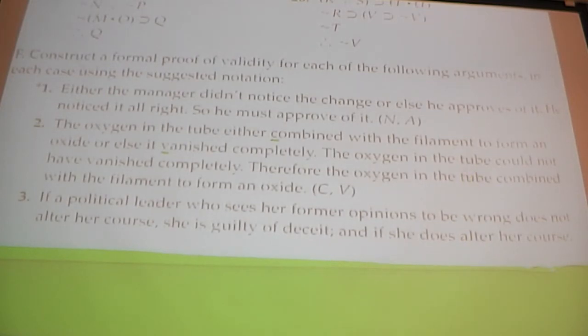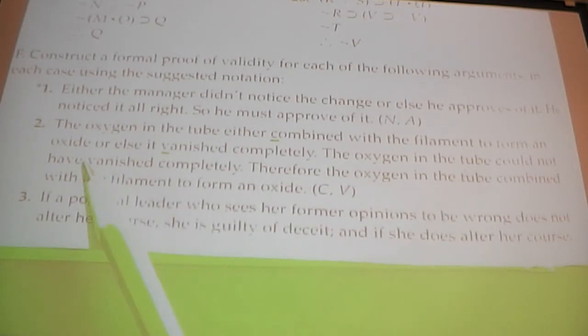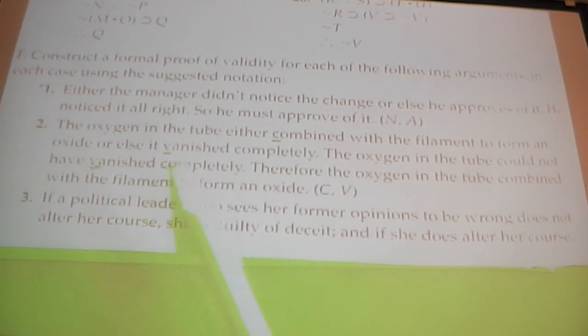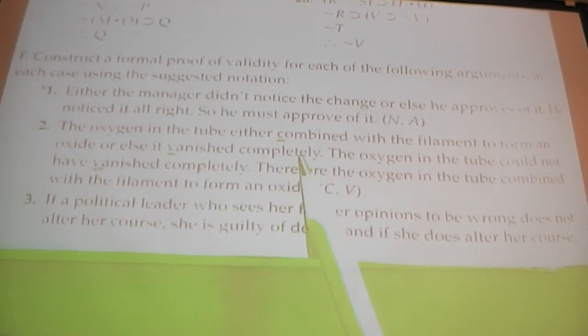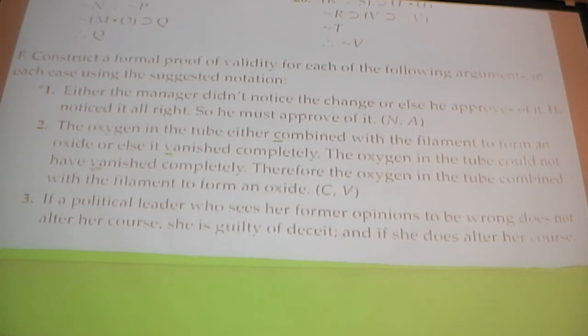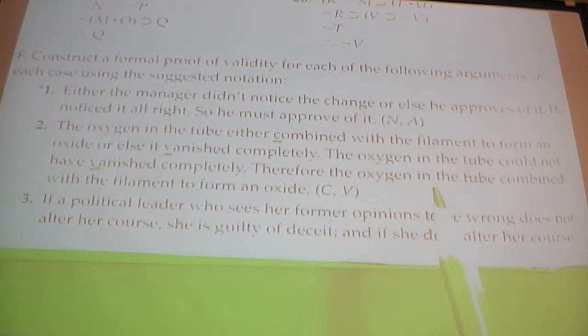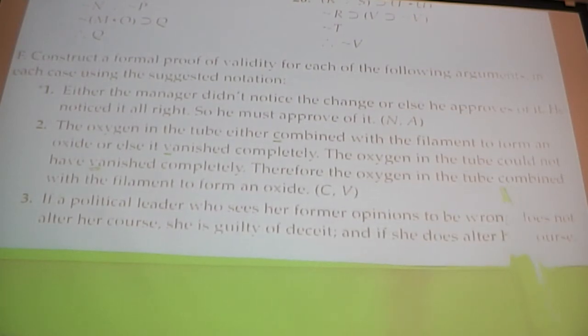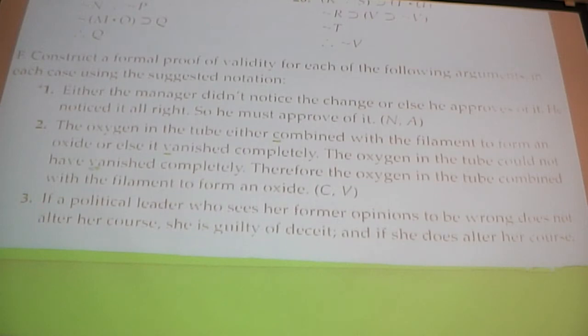What do you want to do with that? It's a curl V. Curl what? Agreed? It says it did vanish completely. It says it could not have. And then our conclusion. The oxygen in the tube combined with the filament to form an oxide. What do you think?